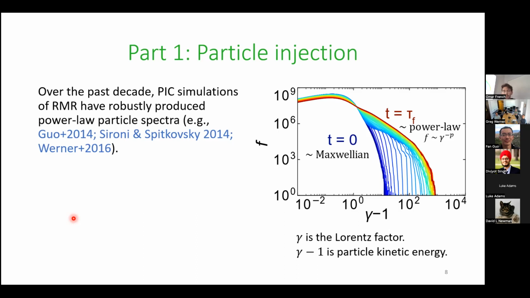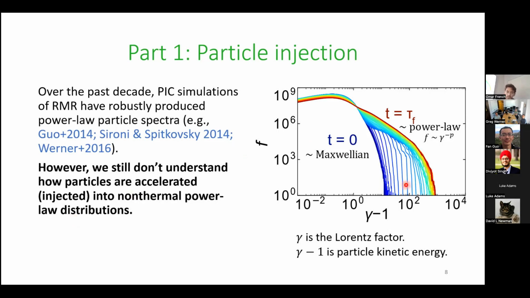However, how are particles promoted from a Maxwellian distribution to a power law distribution? As you can see in this figure, at time t=0, we have a Maxwellian distribution, and somehow as time proceeds, a power law develops. Really the question is, how are these low energy particles brought to these higher energies?